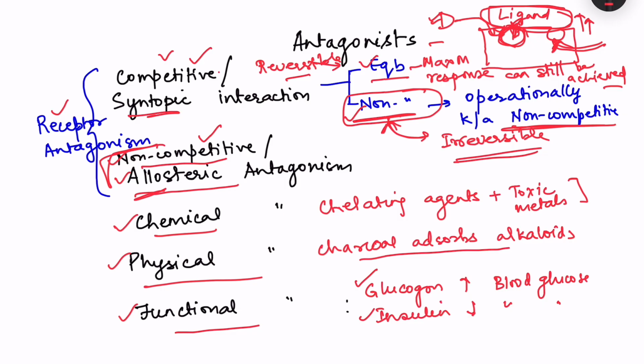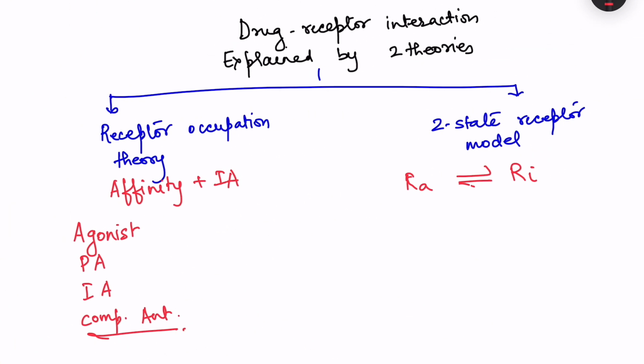Now, to explain this action of agonist and antagonist, we have two main theories, known as receptor occupation theory and two-state receptor model. What is this receptor occupation theory? Receptor occupation theory states that when the drug binds with the receptor site, it forms the drug receptor complex, and ultimately there is some action or no action.